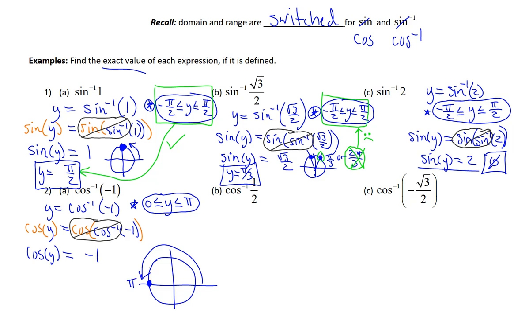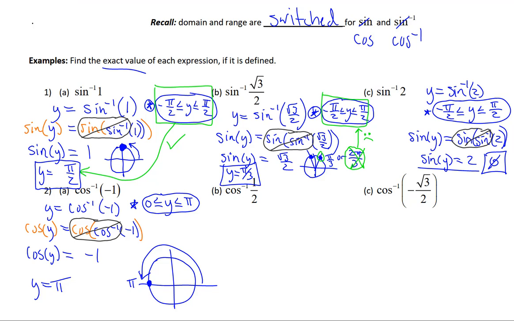So one possible answer would be pi. Now you could also say that -pi is an answer, but we care about which ones are within our restriction for y values here. So according to the unit circle values we know, if y is equal to pi, then the cosine of pi is -1.